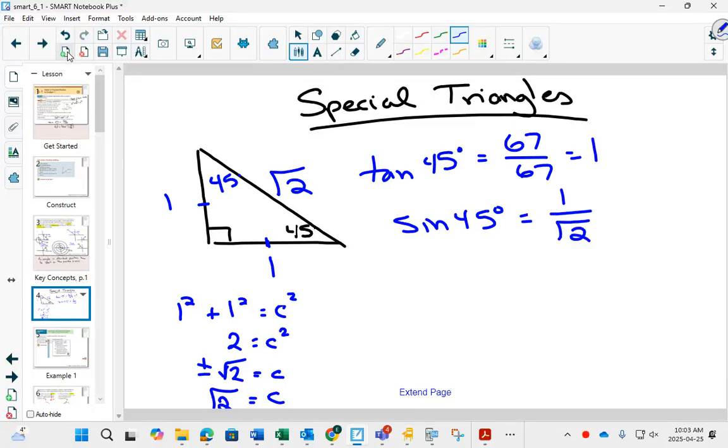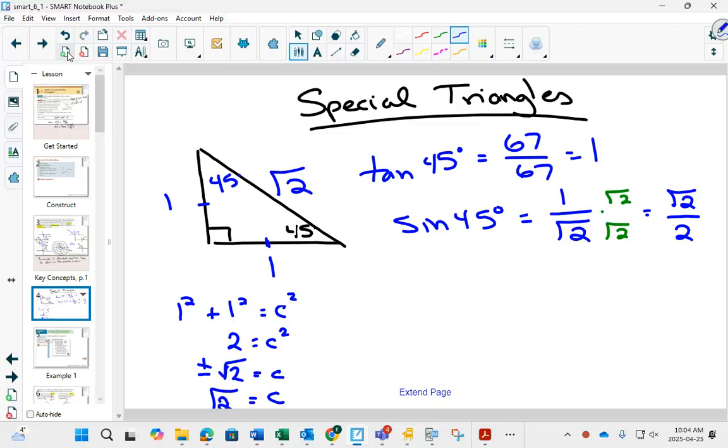Are we allowed to have square roots on the bottom from our square roots unit? No, so we have to rationalize the denominator. So we're going to have to multiply top and bottom by root 2 to simplify this to be root 2 over 2. So now you could do tan of 45 without a calculator.